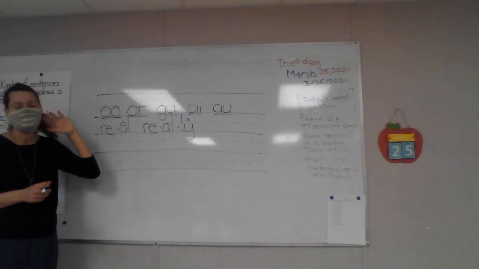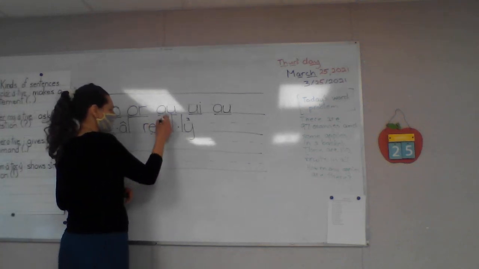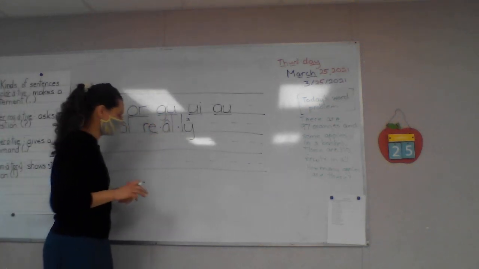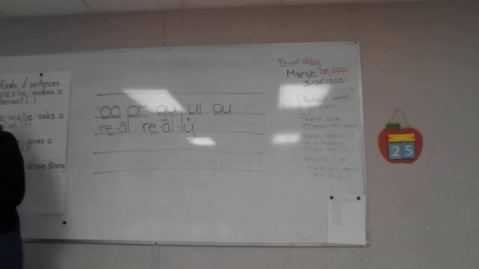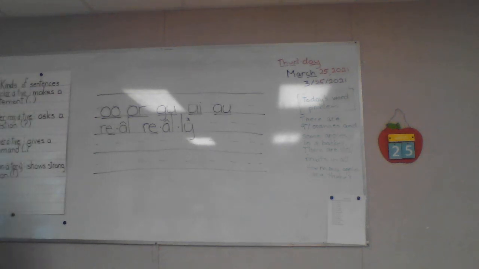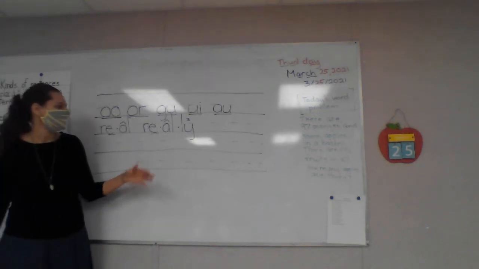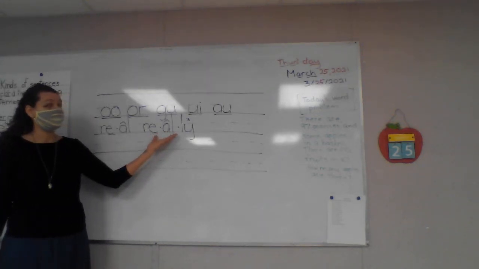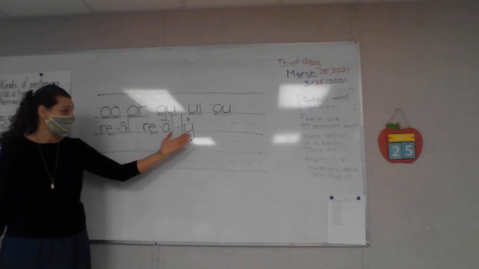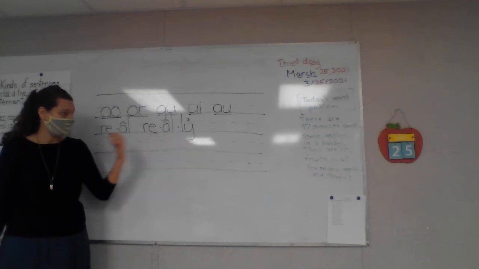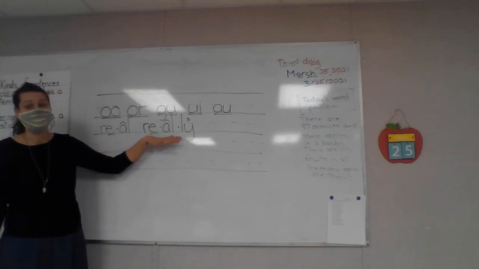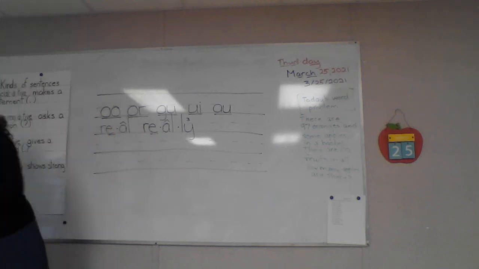What is it? Good, again, it's the A-A-R. All right, class, so how do we say this word to spell it? Reality. Good. How do we say it when we're talking? Really. All right, good.